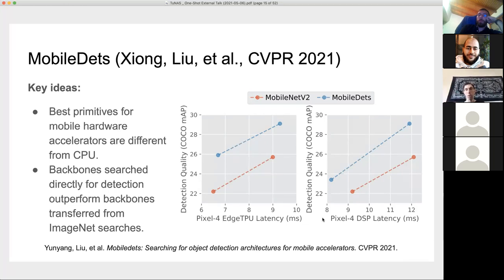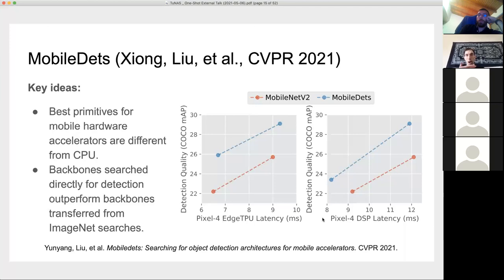So this problem domain of image classification versus object detection does seem to make a difference, and the network architectures you get for classification or detection are actually qualitatively different. That's one idea, that by searching on the task we care about, we can actually get better results.